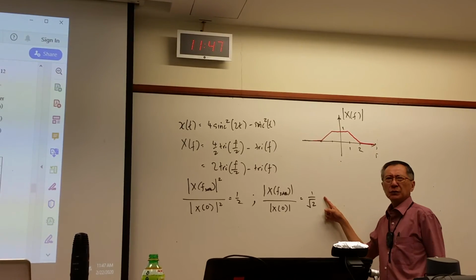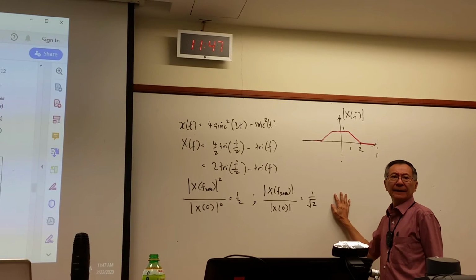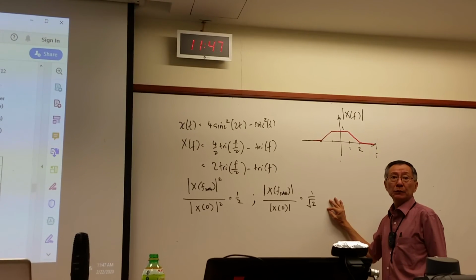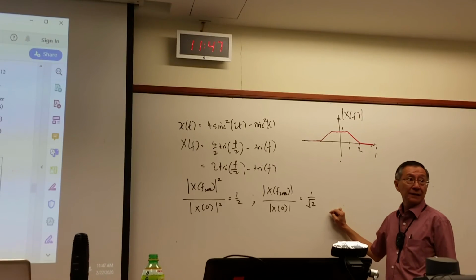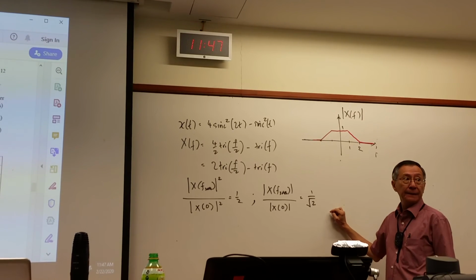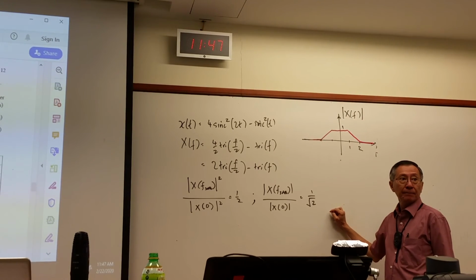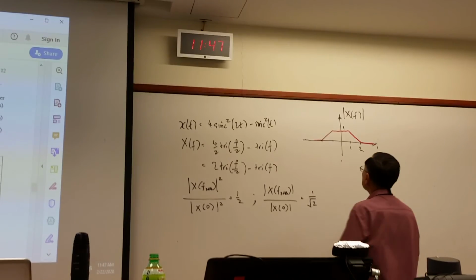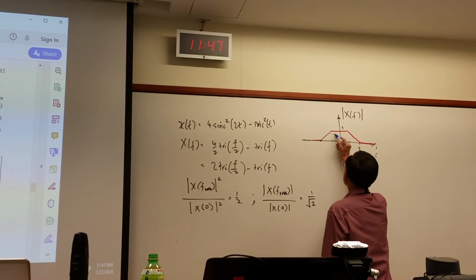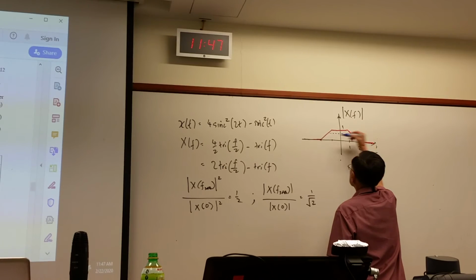1 over root 2 is about 0.7. Correct? Root 2 is 1.4. Right? 1 over 1.4 is about 0.7. Do you agree? Use calculator. So in other words, I have to come down to here to see what it is.